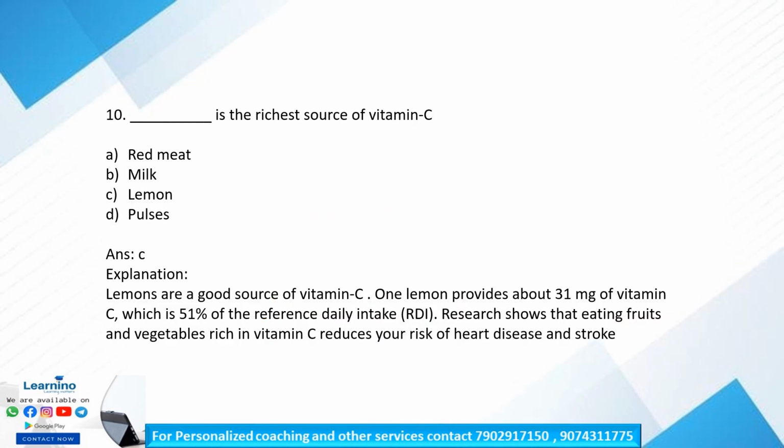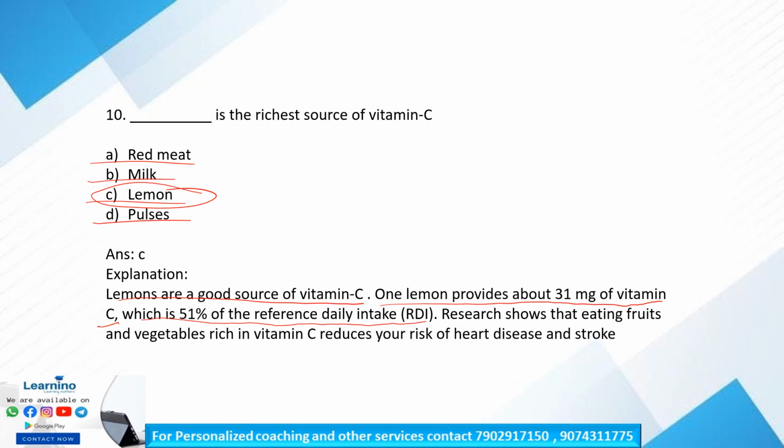Dash is the richest source of vitamin C. We have red meat, milk, lemon, and pulses. Vitamin C is most concentrated in lemon. Option C. Lemons are a good source of vitamin C. One lemon provides about 31 milligrams of vitamin C, which is 51% of the reference daily intake.